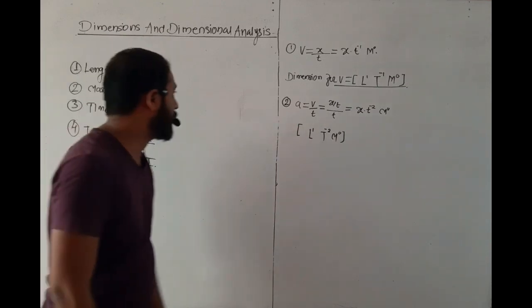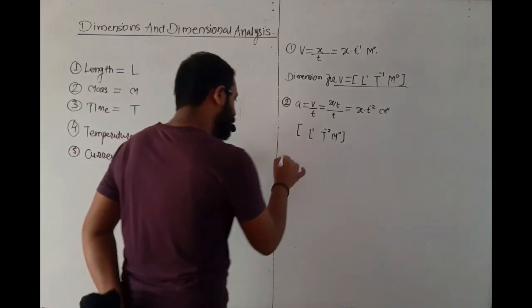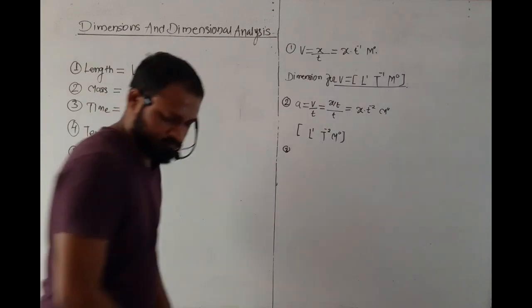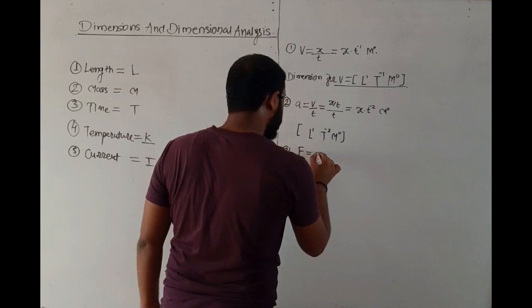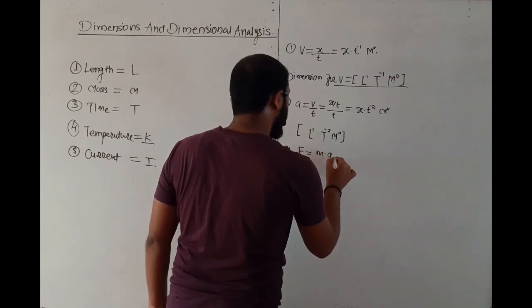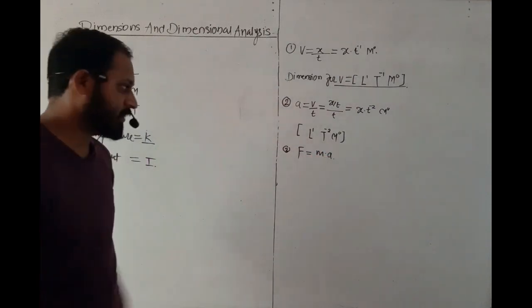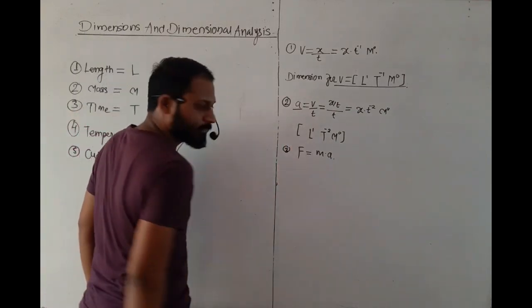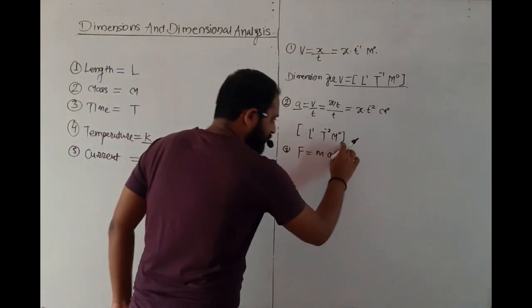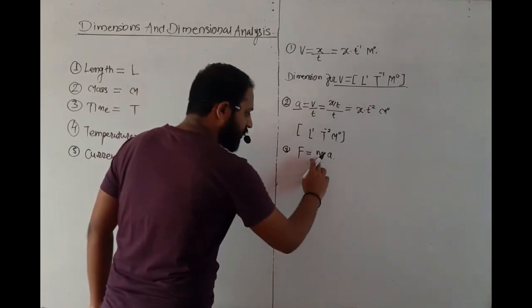Acceleration. Okay. Now see the third one, that is force. Force equals to mass into acceleration. Any problem? No. Now see, we have already found the acceleration dimension and here is m.